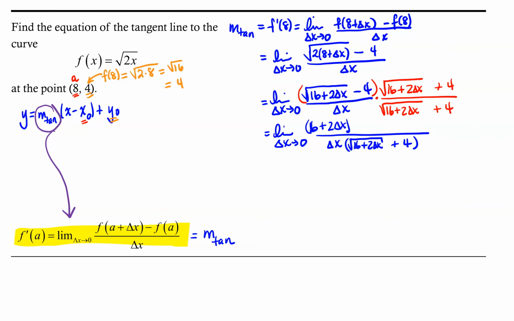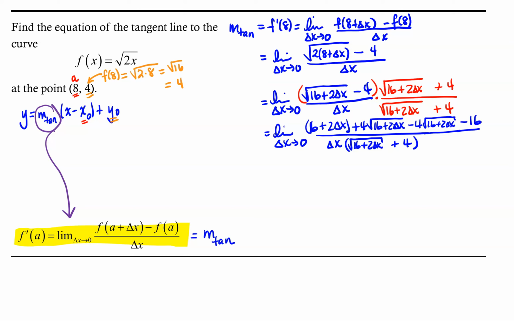Doing my outer terms, I will have plus 4 times the square root of 16 plus 2 delta x. Doing my inner terms, I'll have minus 4 times the square root of 16 plus 2 delta x. And doing my last terms in each, I get negative 4 times 4, so that's minus 16.